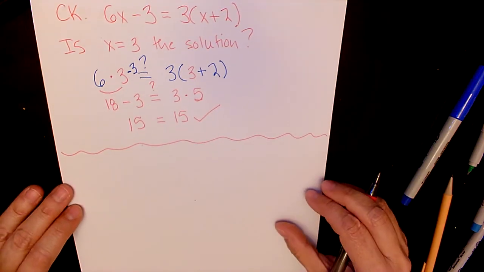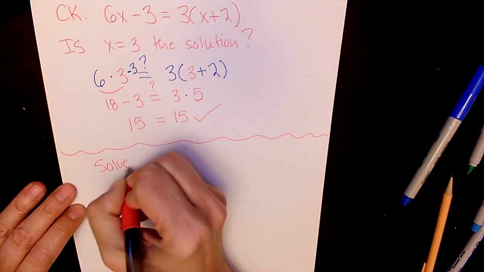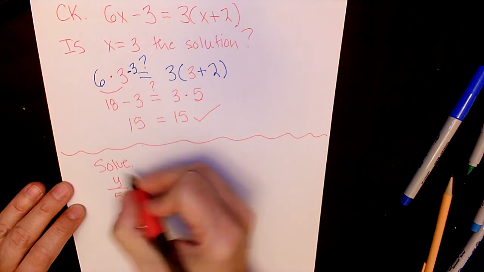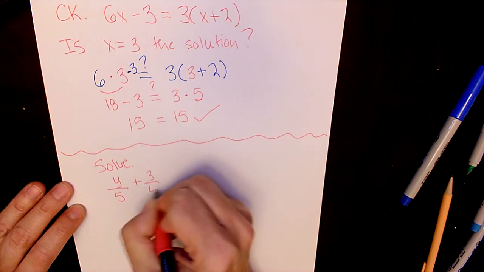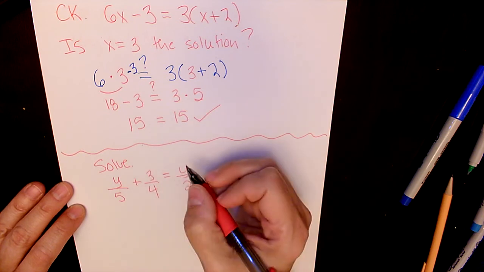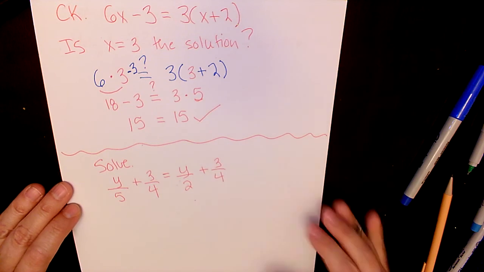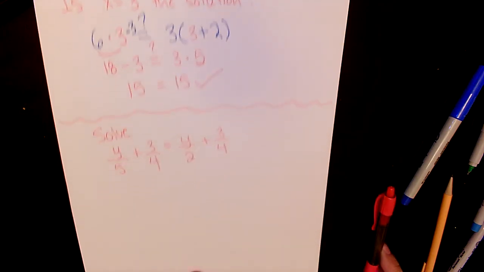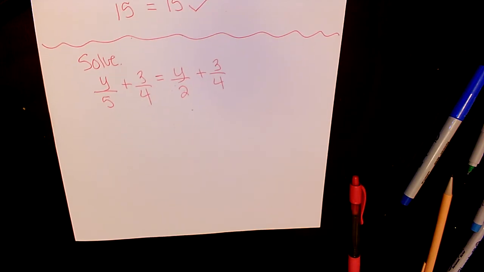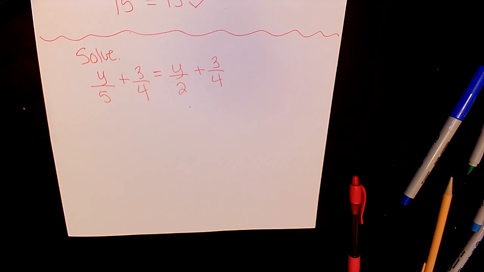Okay, so let's go on to the next one. Let's see what I got. This time we're solving for y. Okay, so I've got y over 5 plus 3/4 equals y over 2 plus 3/4.